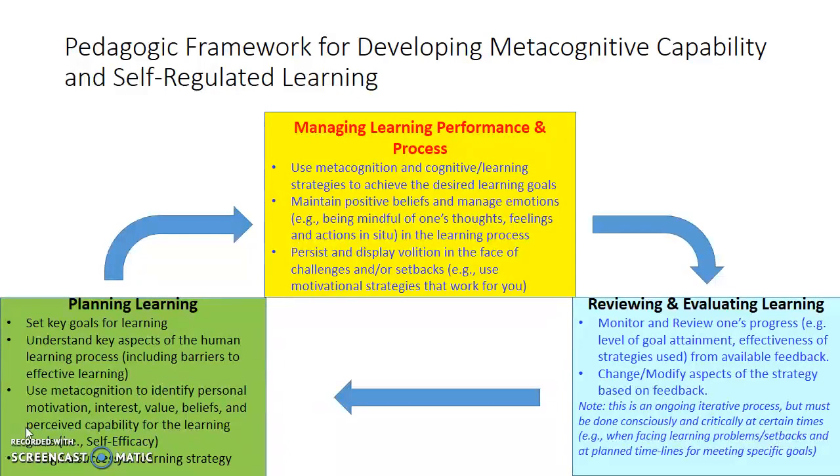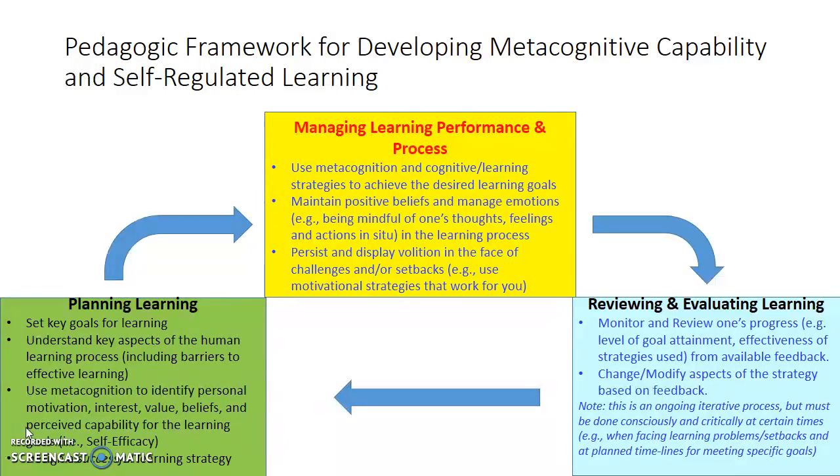Remember, it's not just about cognitive things, but it's about your personal motivation, interest, and your belief systems. In fact, anything that can support or inhibit your success as a learner, and from that you design the successful learning strategy. In other words, what you're going to do, how you're going to do it, etc. And that will involve the selection and use and evaluation of cognitive strategies. So that's the planning part.